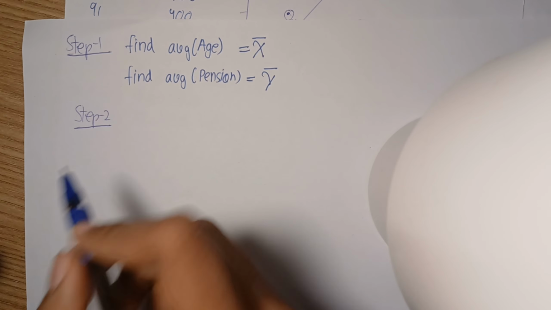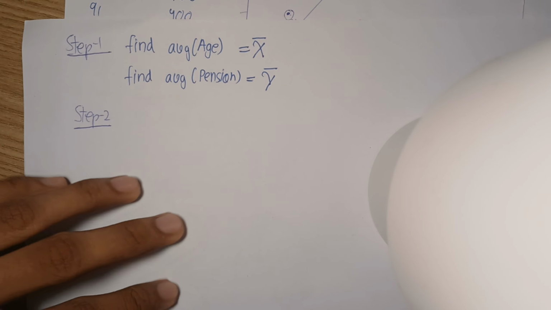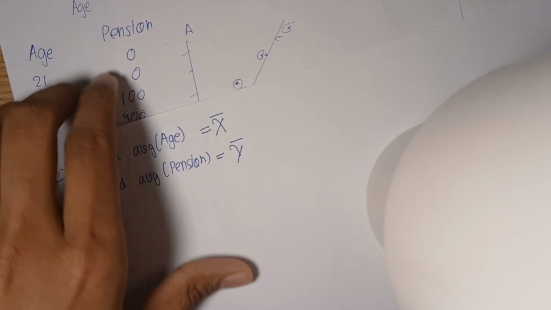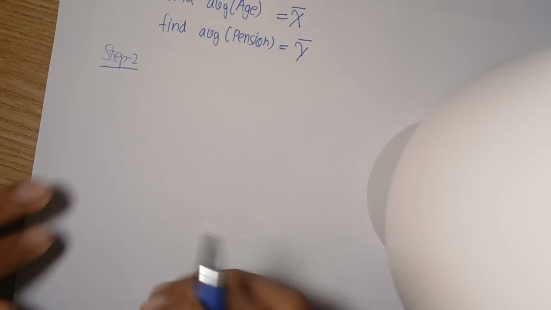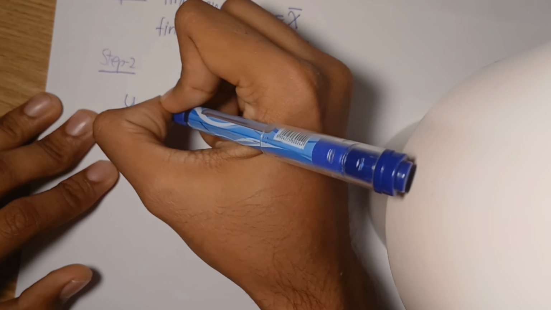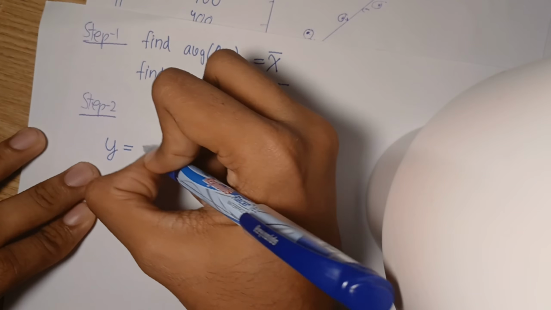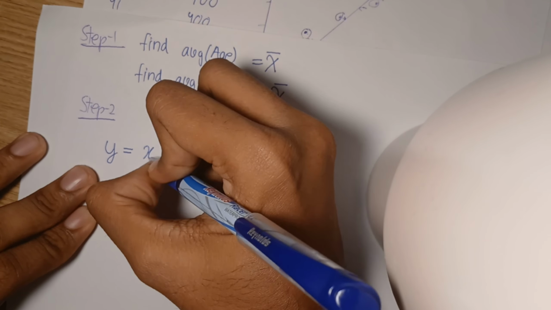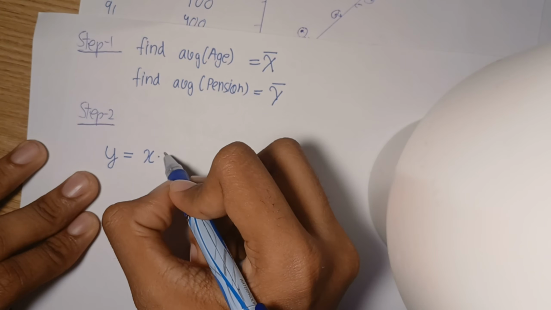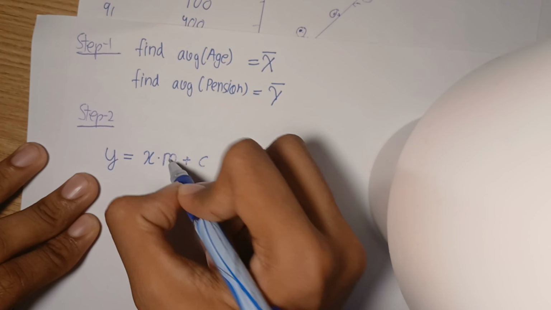Before we move to step 2, let us quickly brush up on how we even make straight lines to begin with. Straight lines geometrically are represented by a very simple looking equation, that is y equals the values of x multiplied by a value of m plus c.